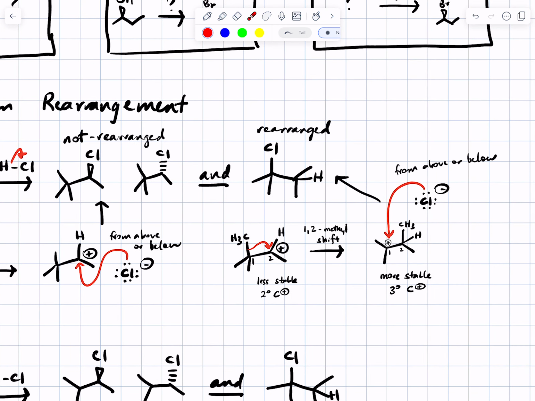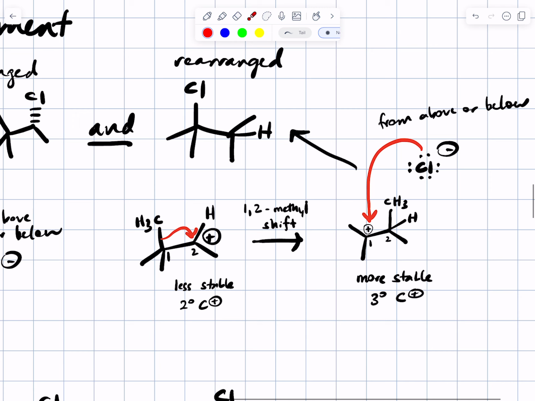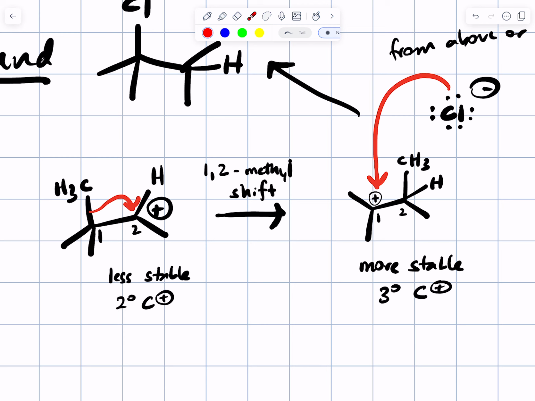Go ahead. If you were to draw that with wedges and dashes, would you get kind of like a mixture? Oh, so yeah, it's a good question. If I had used wedges and dashes, would there be stereochemical issues associated here? In this particular problem, no, because all the groups attached here to carbon 1 are identical, so it doesn't matter which one moves over.